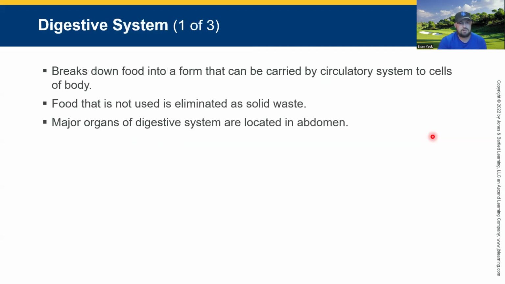The digestive system breaks down food into a form that can be carried by the circulatory system to cells of the body. Food that is not used to feed our bodies is eliminated as solid waste. Major organs of the digestive system are located in your abdomen.